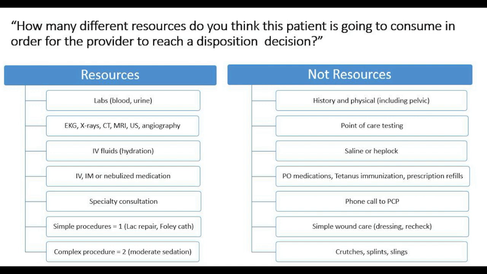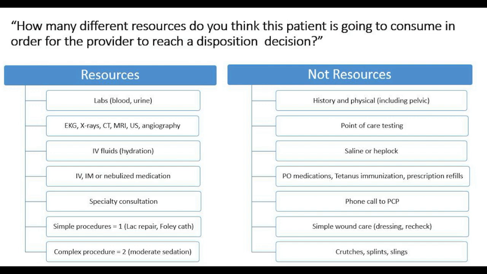So notice that obtaining a history and physical is not considered a resource. Any point of care testing, such as pregnancy tests in the ER or AccuChecks that some facilities do, is not considered a resource. A HEP block by itself is not considered a resource.